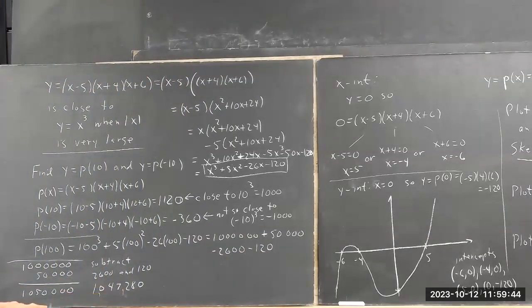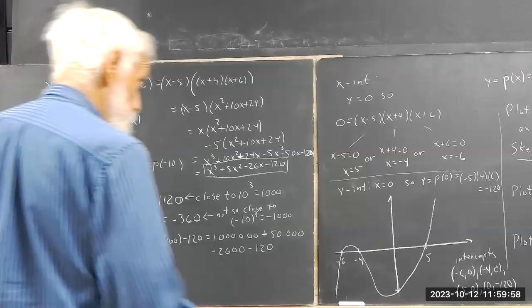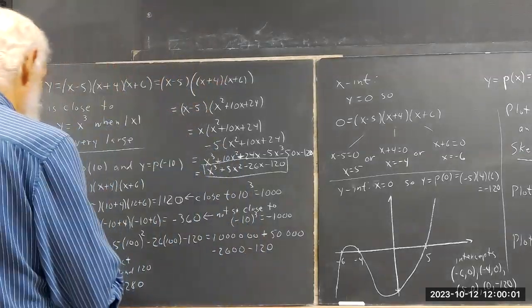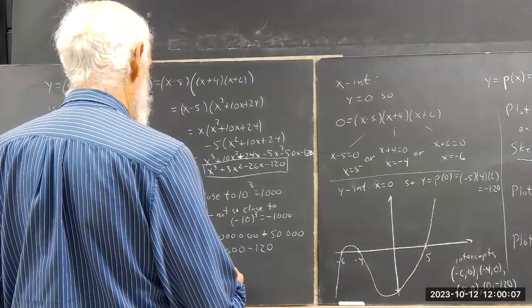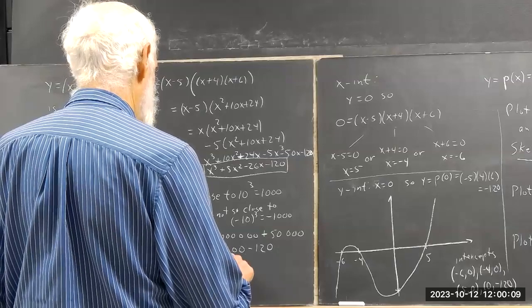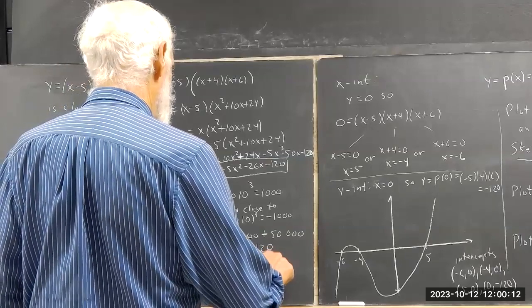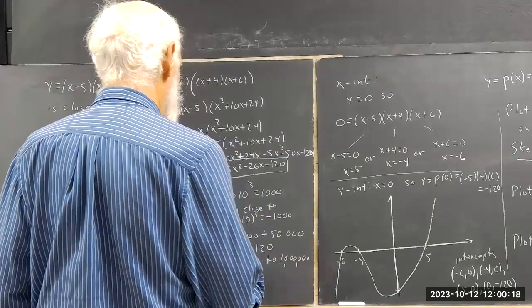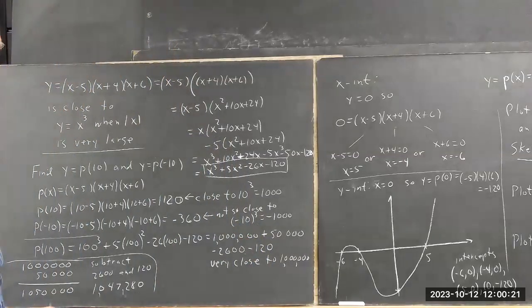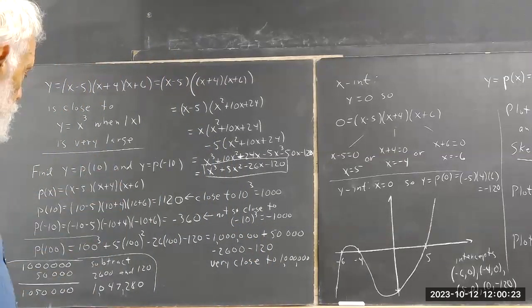Well, that's pretty close to this. If you've got $1 million, the difference is pretty much pocket change. You're close to $1 million. That is very important. My point is that this is very close to $1 million, or pretty darn close to $1 million.